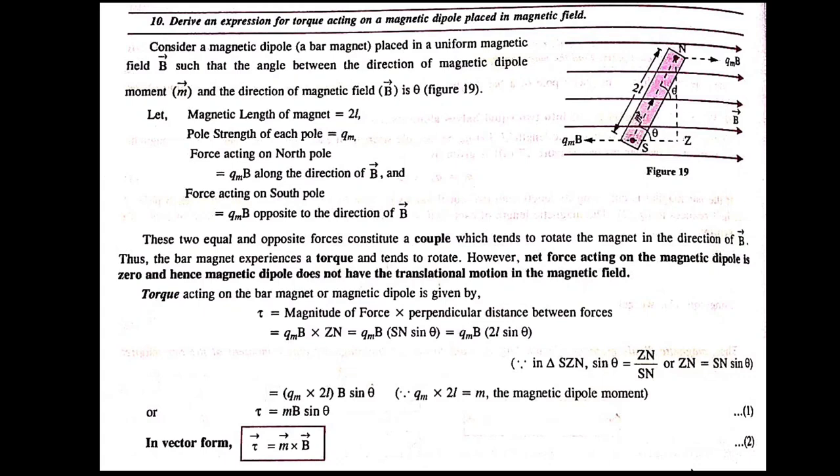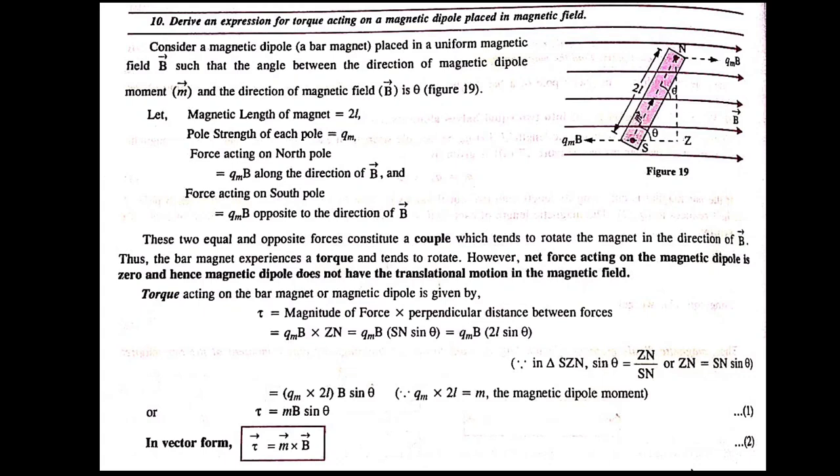Hence, because of this, the bar magnet experiences a torque and it tends to rotate. The torque acting on the bar magnet is given by the magnitude of force multiplied by the perpendicular distance between the forces. As the magnitude of force is the same for both the poles, this is equal to qm into B. The perpendicular distance is represented, by doing some construction, by ZN.